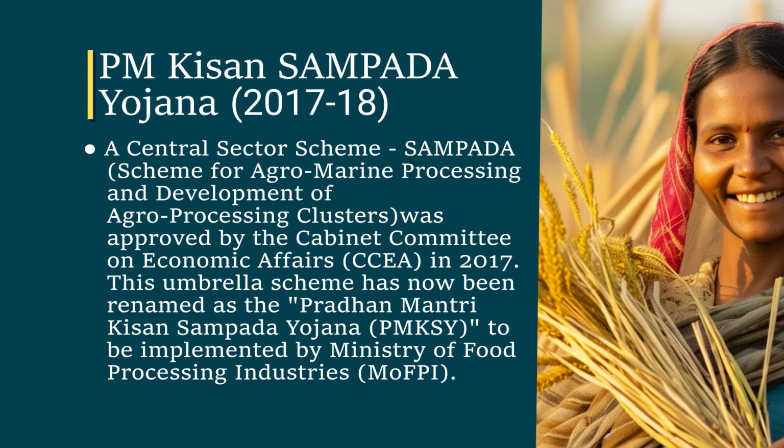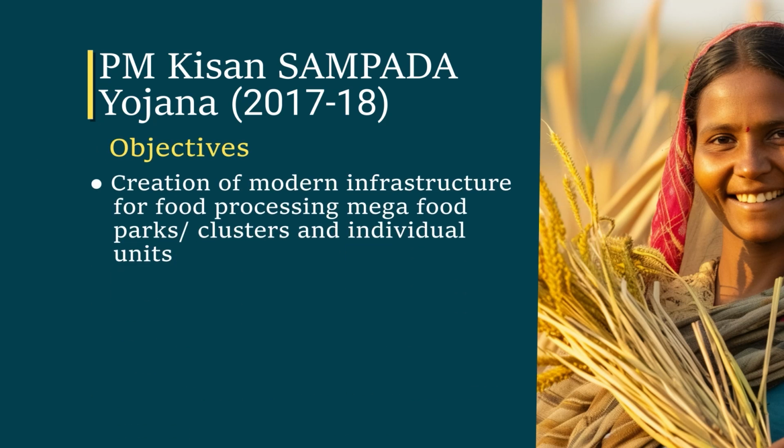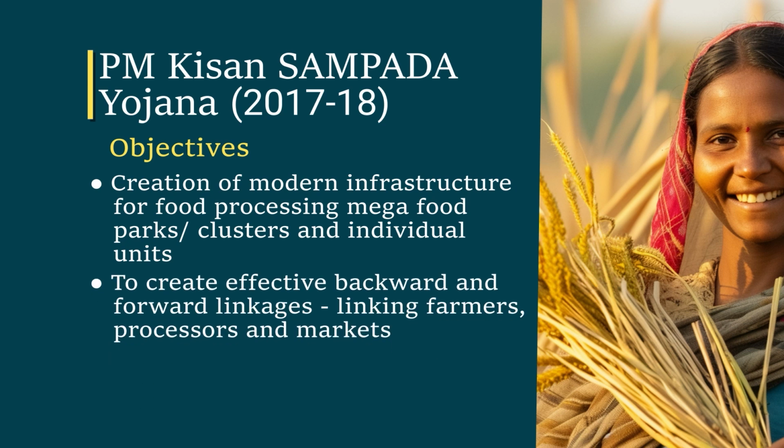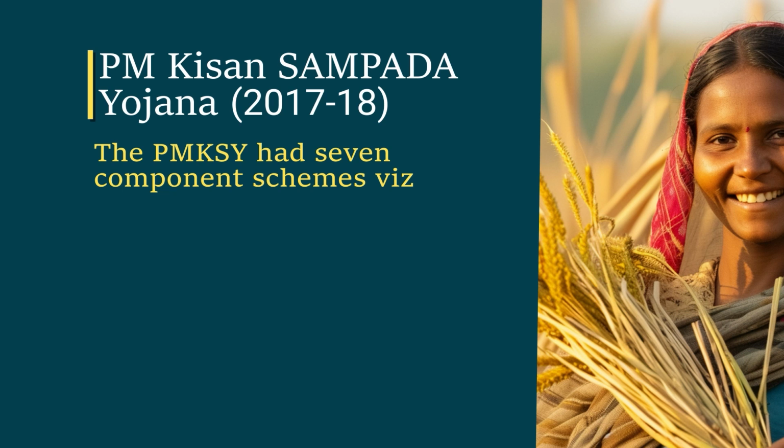This umbrella scheme is now known as Pradhan Mantri Kisan Sampada Yojana, and it is implemented by the Ministry of Food Processing Industries with the objectives of creation of modern infrastructure for food processing, mega food parks, cluster individual units, creation of effective backward and forward linkages linking farmers, processors, and market, to create robust supply chain infrastructure for perishables. So it has seven component schemes.